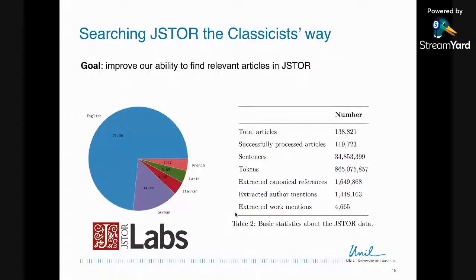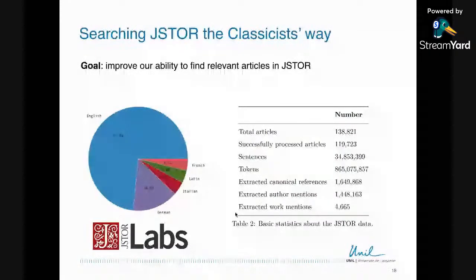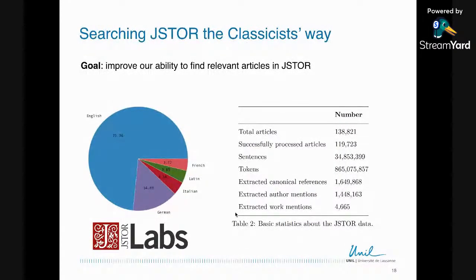the license, and also knowing that if you compare the distribution of languages in the Jstor content with the reality of philology, you realize that there is a strong bias in Jstor naturally for Anglophone content, with almost 75% of the articles in there being in English.